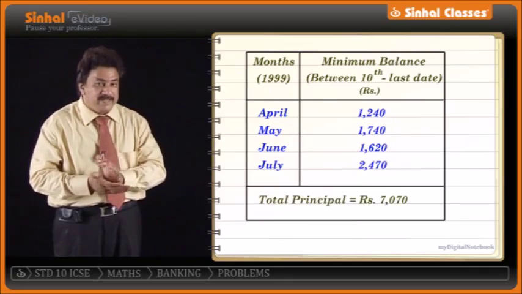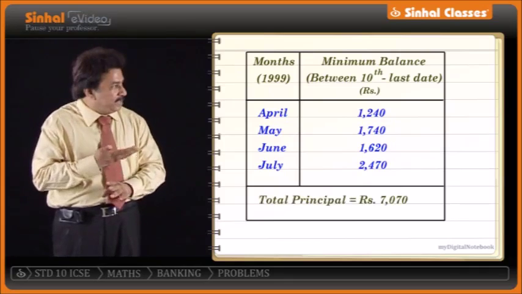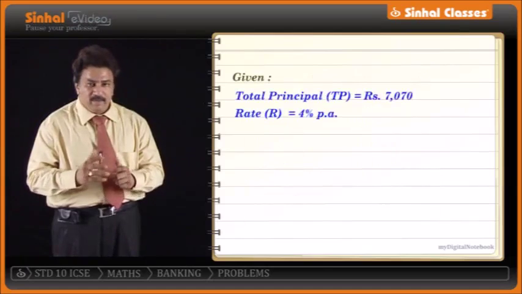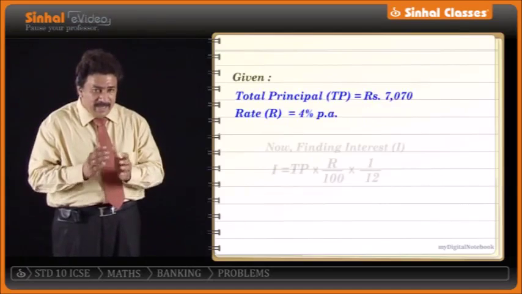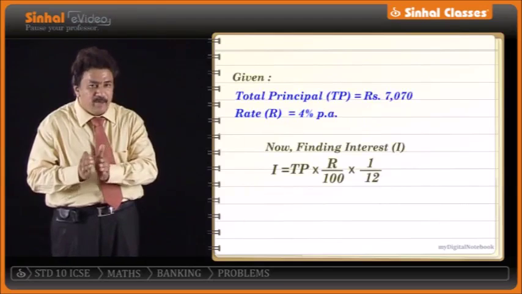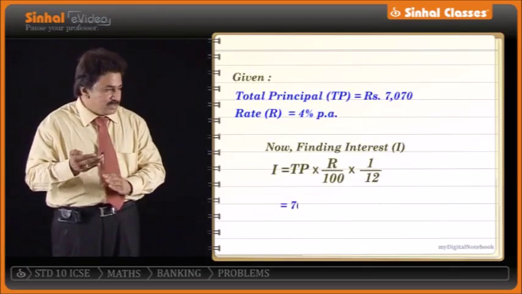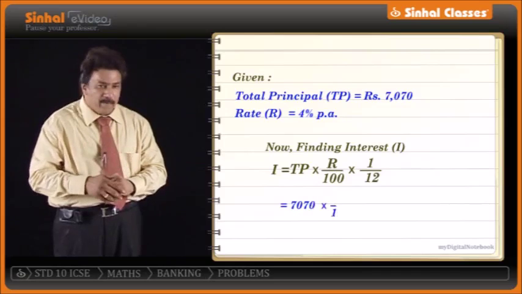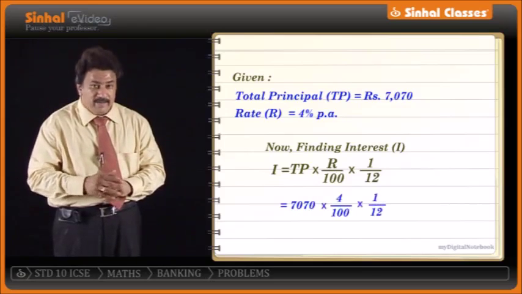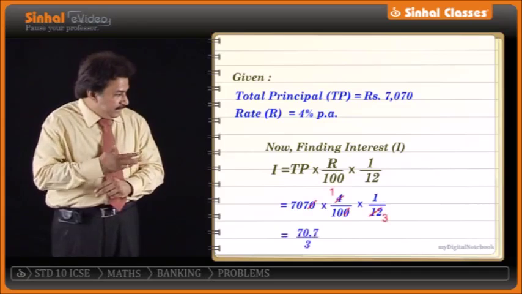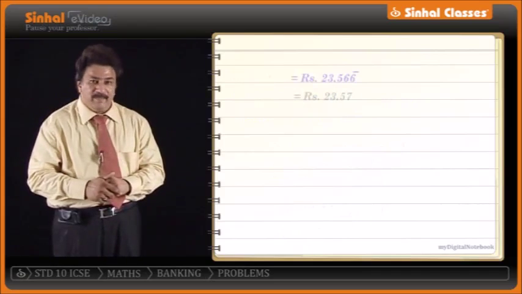And the rate of interest is given to you, that is 4% per annum. Now find the interest first. Interest is equal to total principal into R upon 100 into 1 upon 12. That is 7070 into 4 upon 100 into 1 upon 12. That gives me 23 rupees 0.57 paisa.